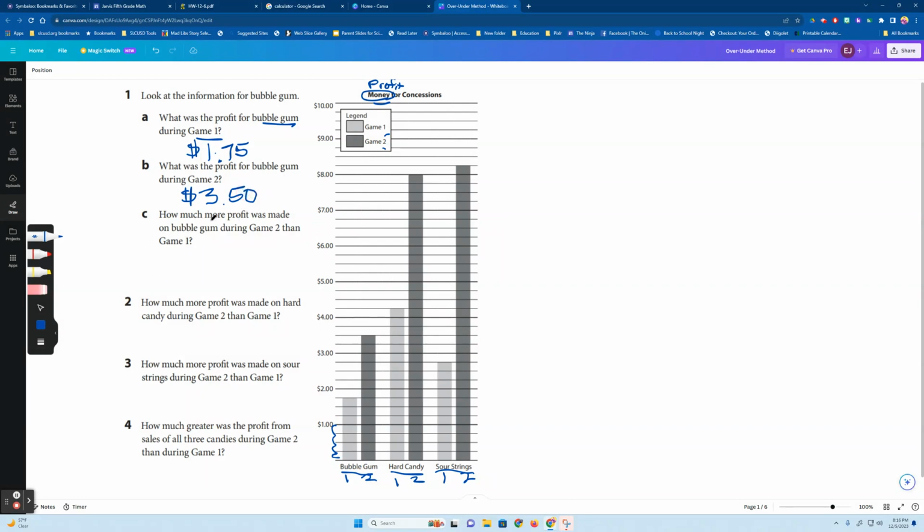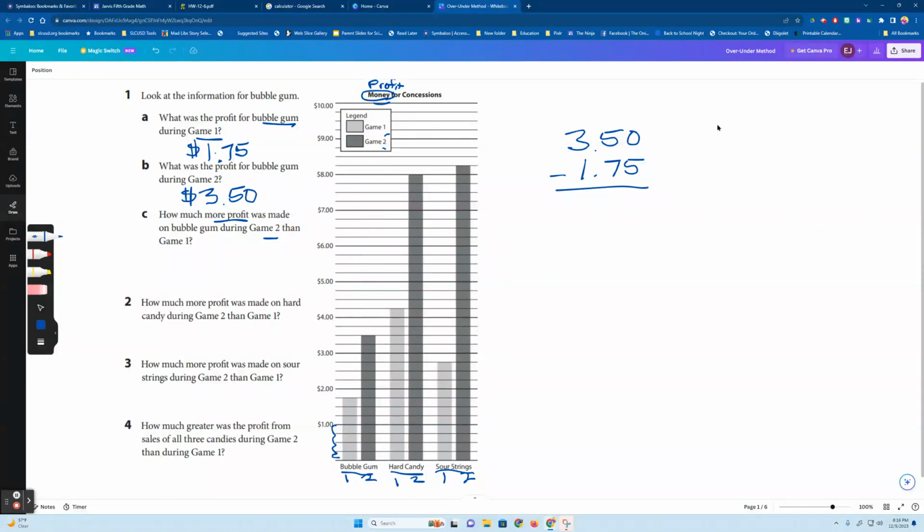Let's look at C here. How much more profit was made on the bubblegum in game two than game one? So that's $3.50 minus $1.75. There's a whole bunch of ways I can just solve this out. And I know there's a bunch of you could just do that in your head.